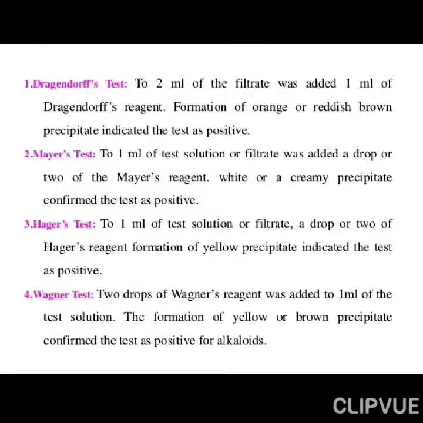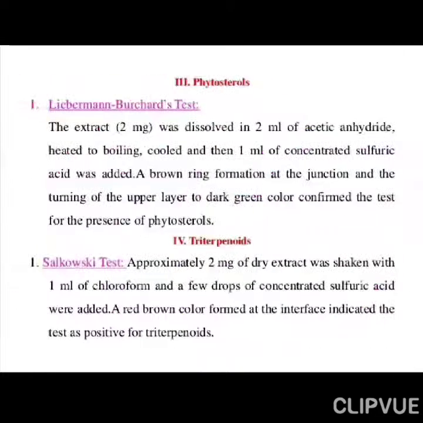With a drop or 2 of Hager's reagent, a yellow precipitate indicates positive. And Wagner's reagent added to 1 ml of the test solution, formation of a yellow or brown precipitate confirms positive for the alkaloid, right. So these are the 4 tests which we can perform for alkaloid.